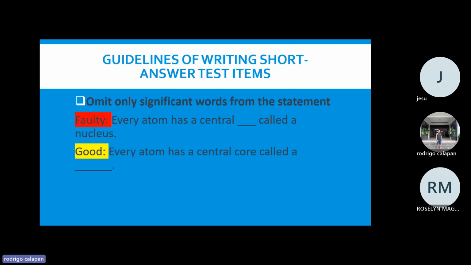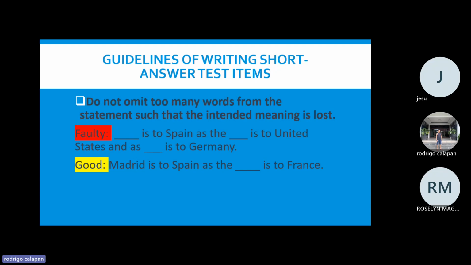Then another thing that we have to bear in mind, do not omit too many words from the statement such that the intended meaning is lost. So we have here a sample statement, short answer test item, which is faulty. Blank is to Spain as the blank is to United States and as blank is to Germany. This is a faulty statement, so make it as good as like Madrid is to Spain as the blank is to France.